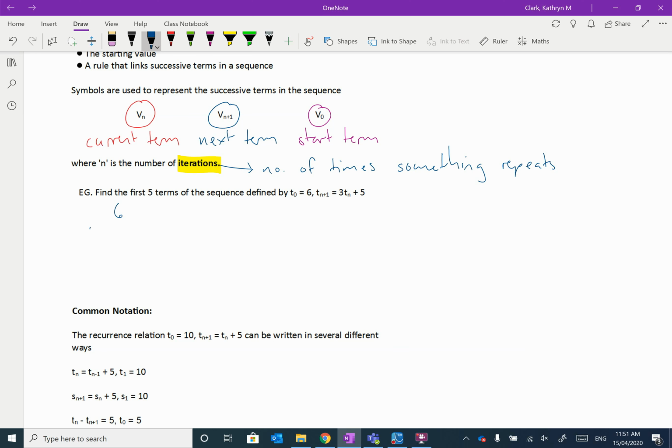To find t(n+1), we're going to use the rule 3 times our current term plus 5, which will give me 3 times 6 is 18, 19, 20, 21, 22, 23.